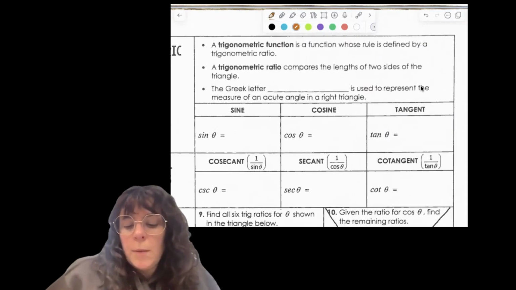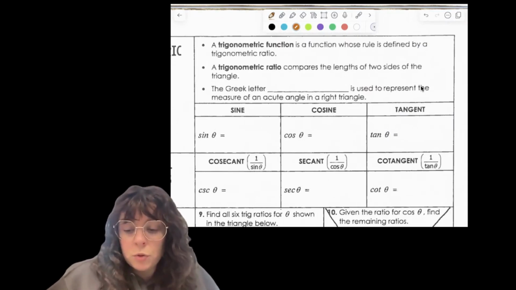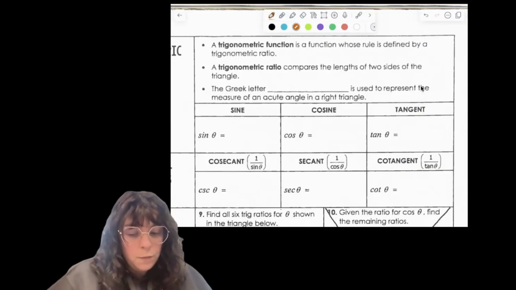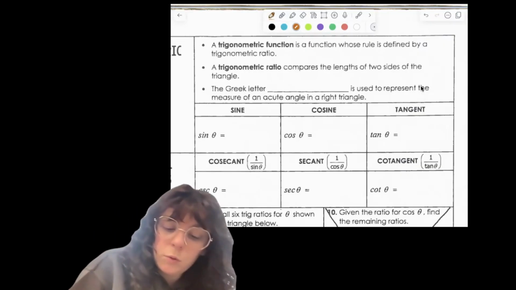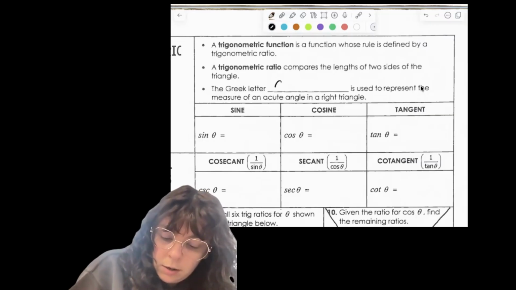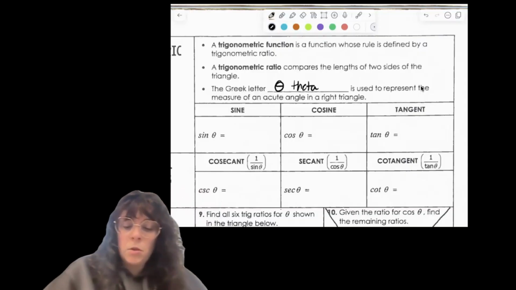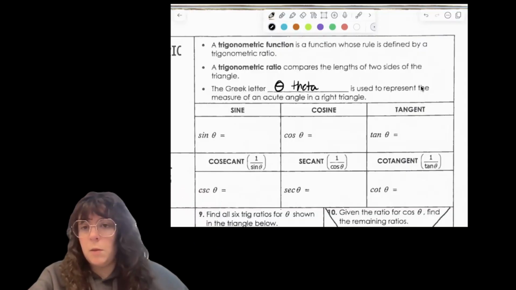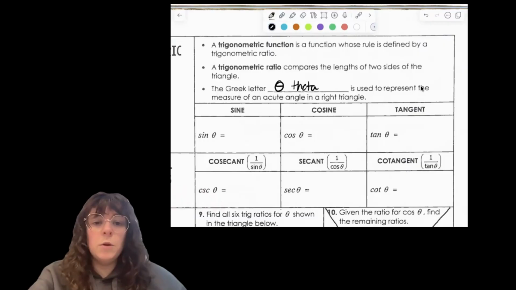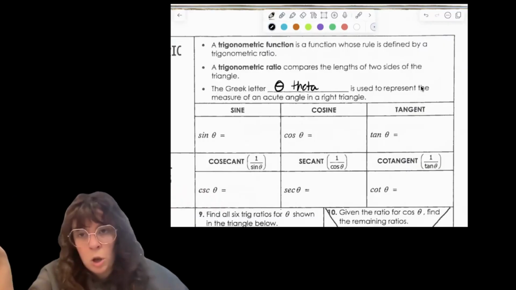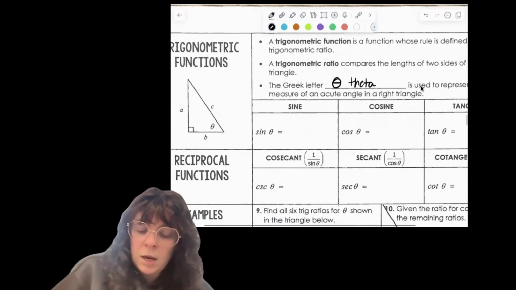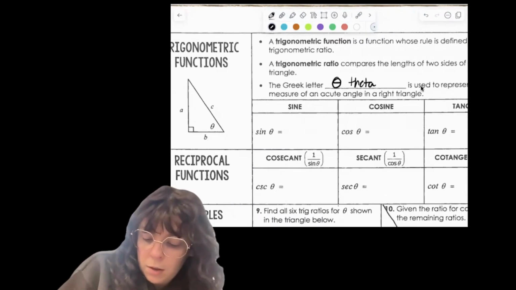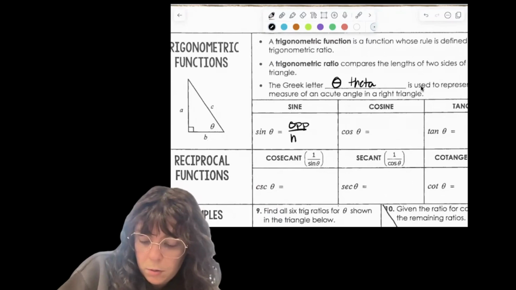All right, a trigonometric function is a function whose rules are defined by a trigonometric ratio, and the ratio is comparing the lengths between two sides. You will see the Greek letter theta to represent those angles, and we've talked about that Greek letter before, just letting you know it's going to come up again. So again, your sine is the opposite over the hypotenuse.